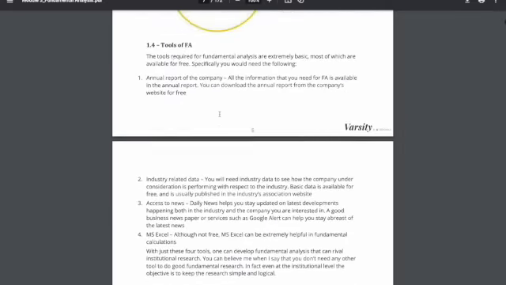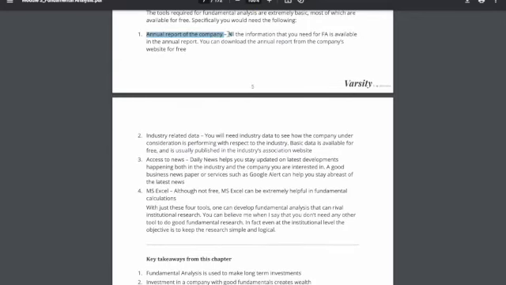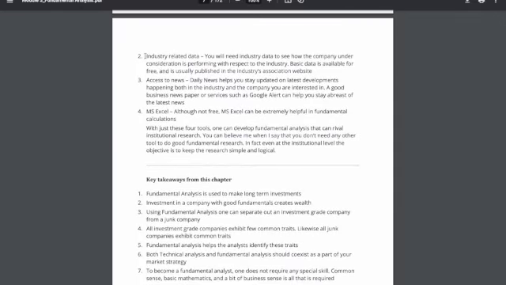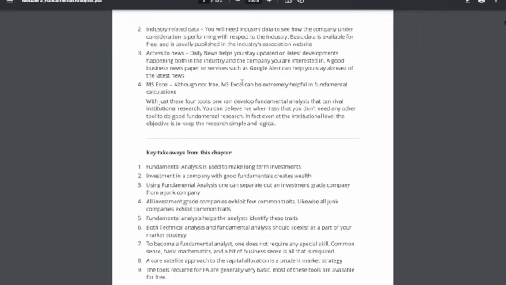So you're going to use some tools for fundamental analysis. You're going to use annual reports of the company, and industry-related data. You would need industry data to see how the company under consideration is performing with respect to the industry. So if you're analyzing a shipping company, you want to see how that company compares to other companies in that industry.